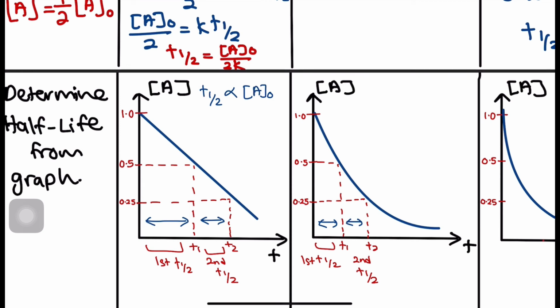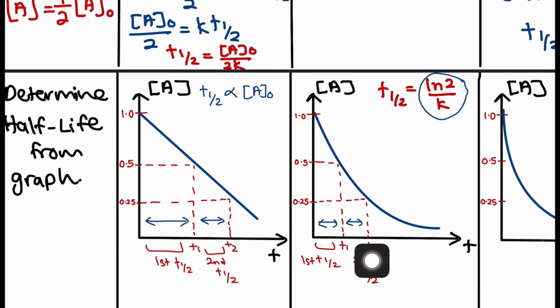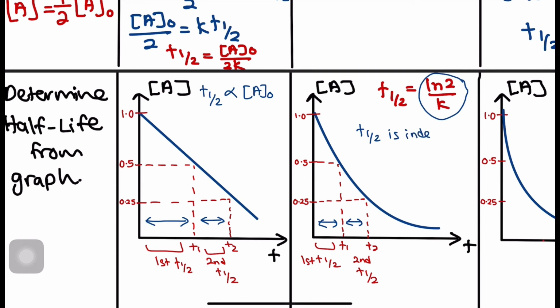This is valid as the half-life equation for first order was t-half equals ln 2 over k. Ln 2 over k is a constant value, therefore the half-life is constant. We can also say this as the half-life is independent of the initial concentration.